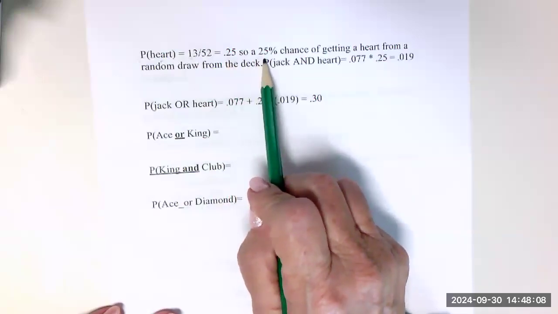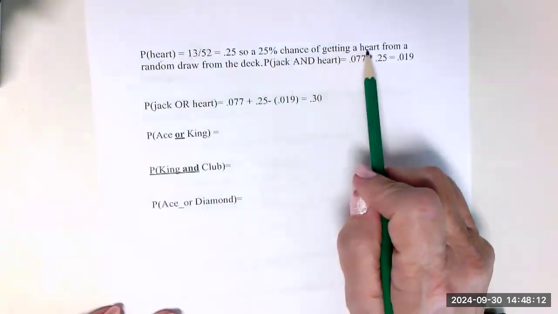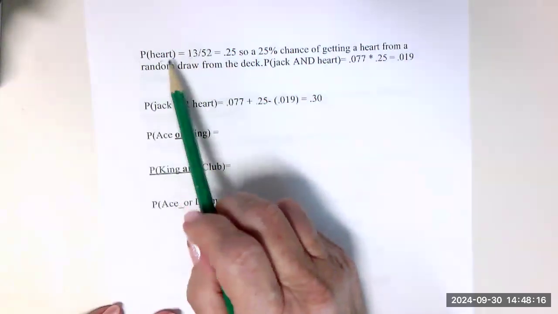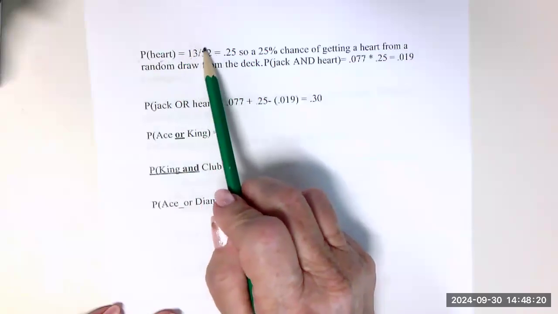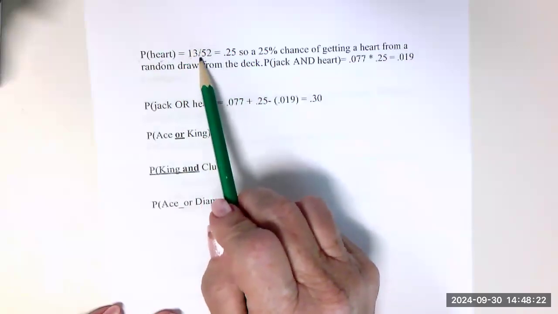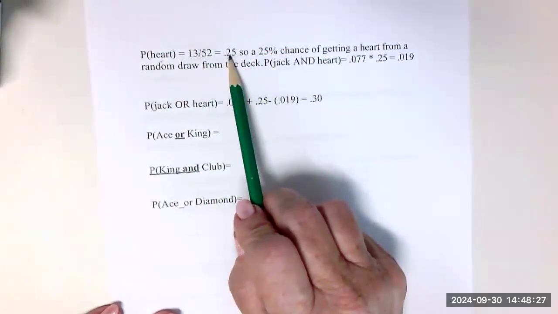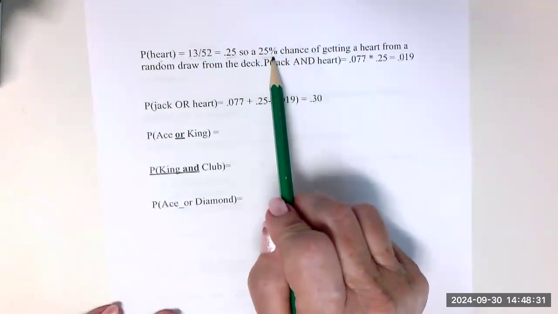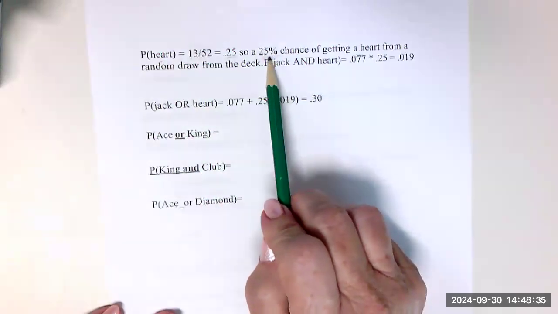And if we change it into a percent, we'd say we have a 25% chance of getting a heart from a random draw from a deck. So for the probability of getting a heart, there's 13 possibilities and a total of 52 cards. We do that division and we get a relative frequency and we change it into a percent. So a 25% chance of getting a heart from a random shuffle.